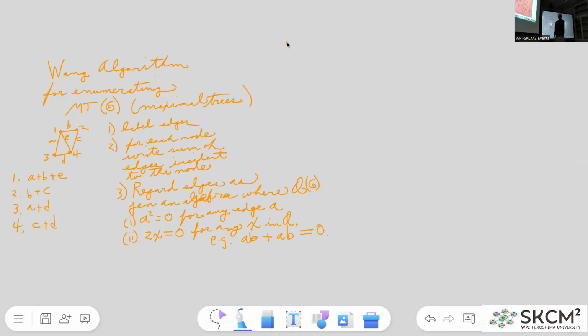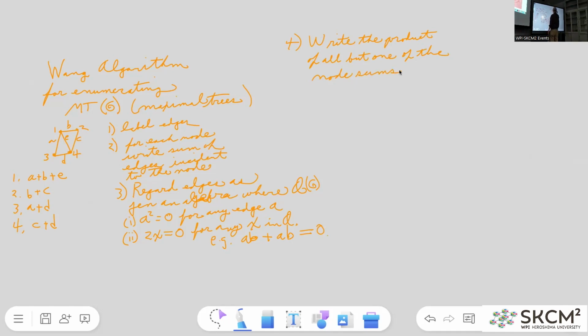4, right? Product of all but one of the node sums. And reduce it by 3.